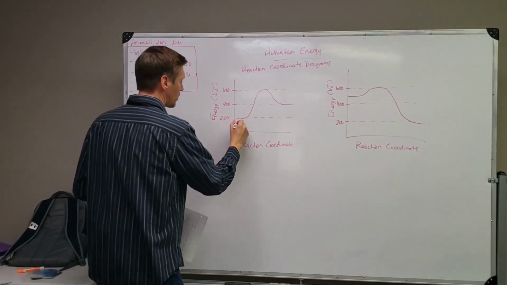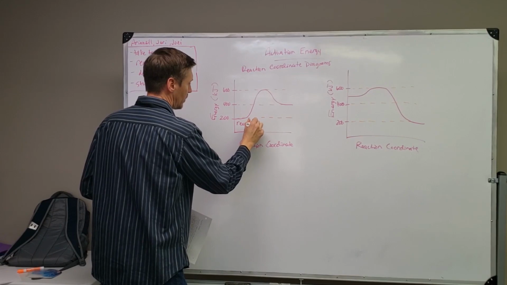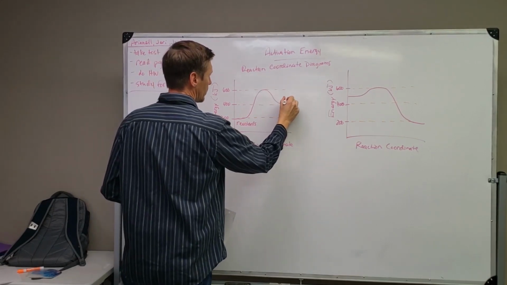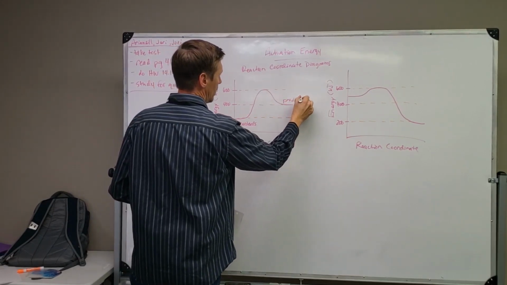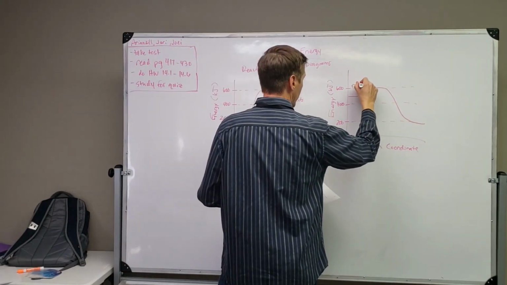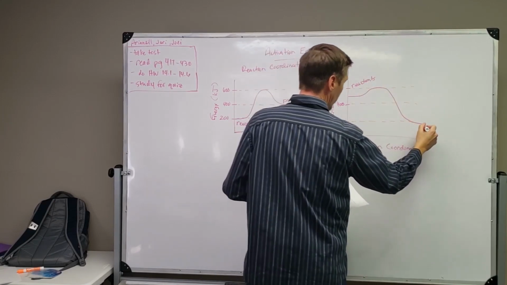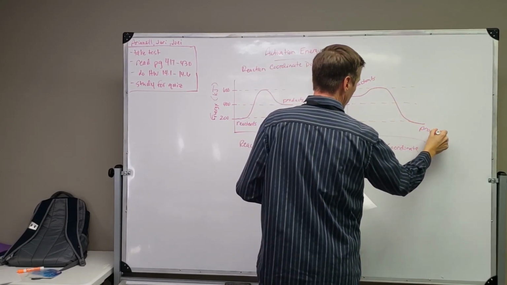All right, so this is our chemical reaction taking place, and here we have the reactants over on this side. We've got the products over here on this side. Same thing here, reactants over here, and then what we end up with down here, the products.